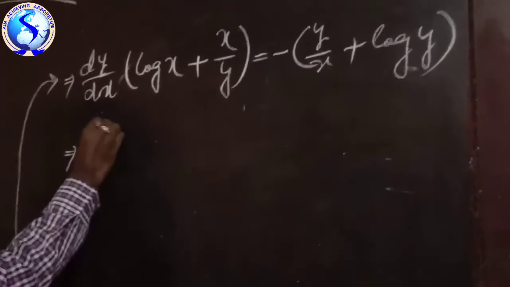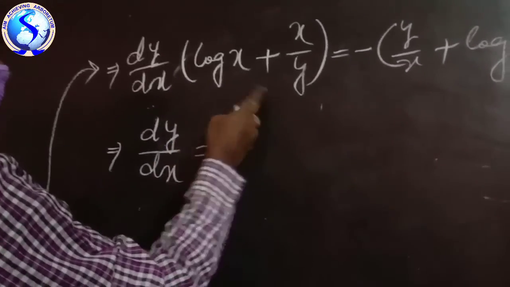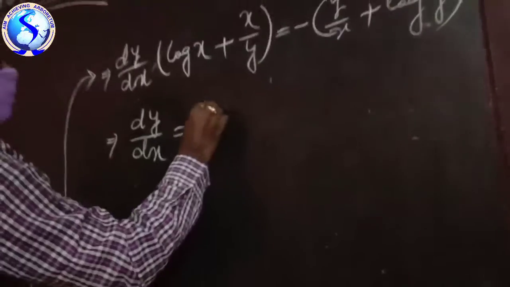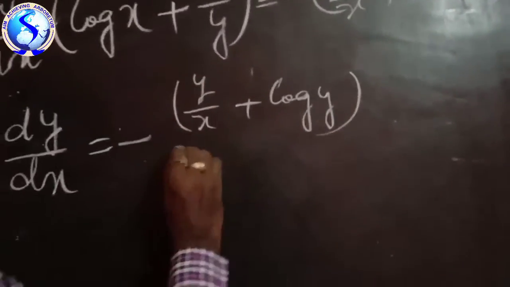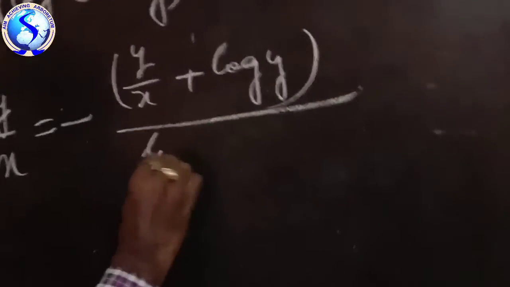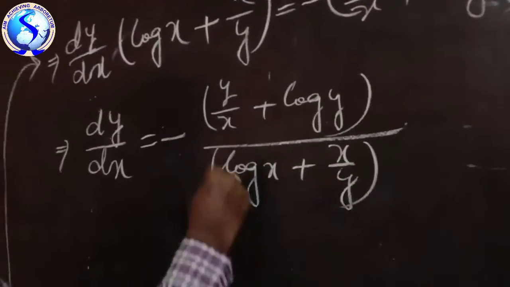Now what is your target? To find dy by dx, the derivative of y with respect to x. Now this part will be divided to that side. This will be y by x plus log y, whole divided by log x plus x by y.